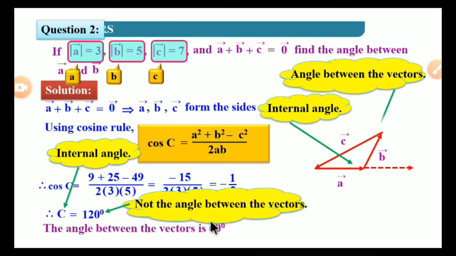The angle between the vectors is 60 degree, because here this is the vector A, so we have to find out the angle here. So minus cos C is equal to minus 1 by 2, so definitely C is equal to 120 degree here. Therefore the angle between vector A and vector B is exactly 60, because here this is totally 180 degree, and by subtracting 120 we will be having 60, so the angle between the vectors is 60 degree.